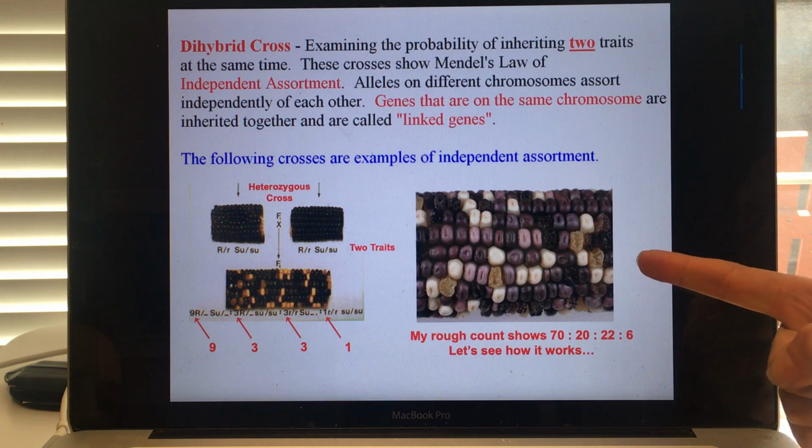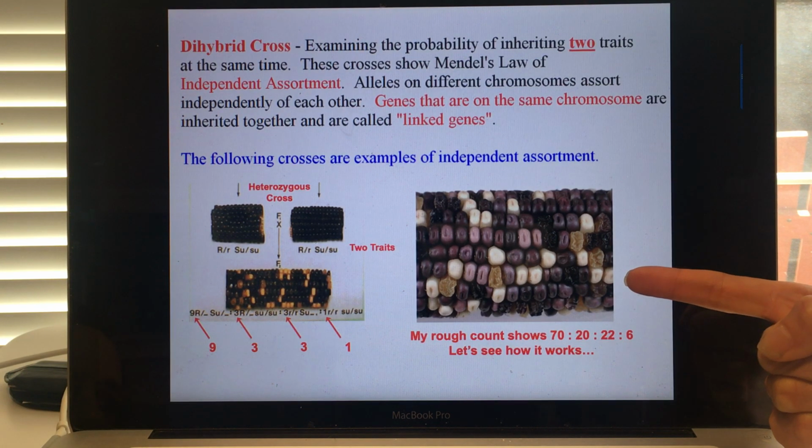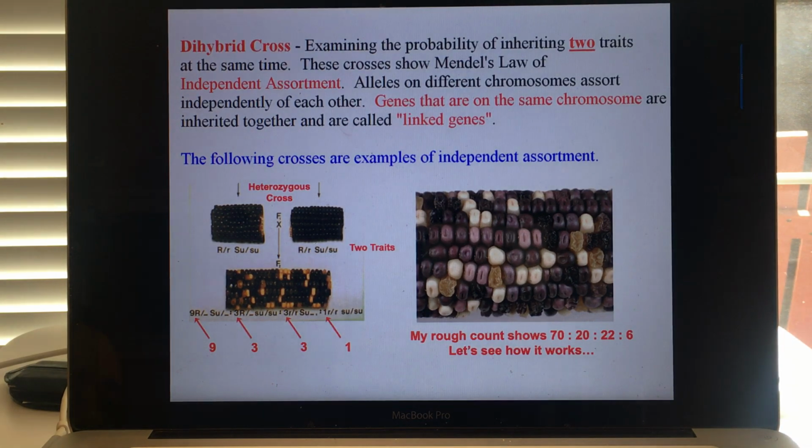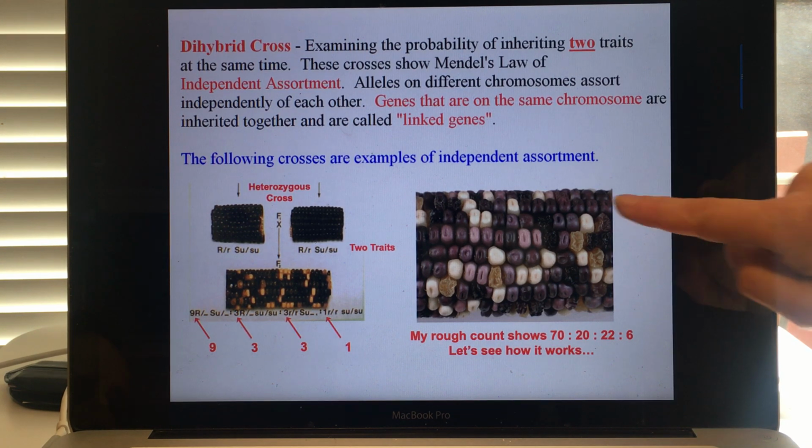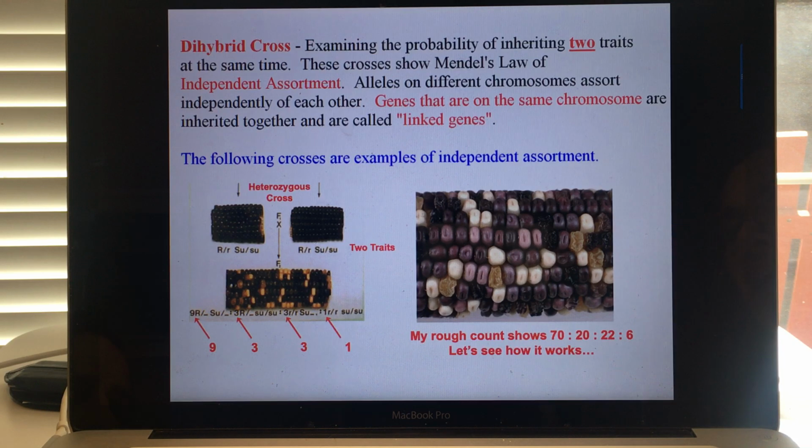If you look at this picture of what we used to call, when I was a kid, Indian corn, but it's decorative, and people hang it on their door sometimes to say, hey, it's fall, and I'm decorating for fall. If you look, there are two different colors of the corn seeds and two different textures. One thing students don't realize is that each individual corn kernel is actually a seed for an entire new plant.